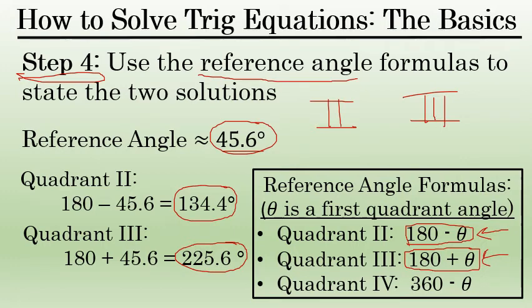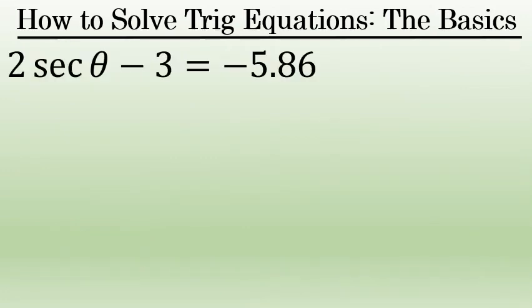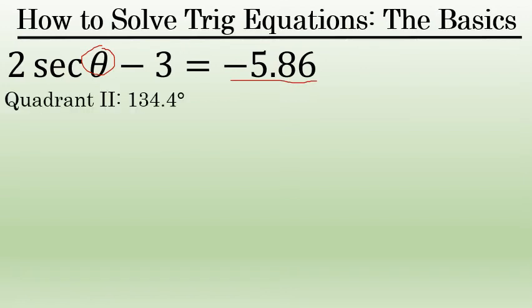I'm going to finish up this problem by checking those two solutions. To check these two solutions, I'll simply substitute them for theta in the original equation and make sure I get negative 5.86. Or, because I rounded off those solutions, make sure I get about negative 5.86.